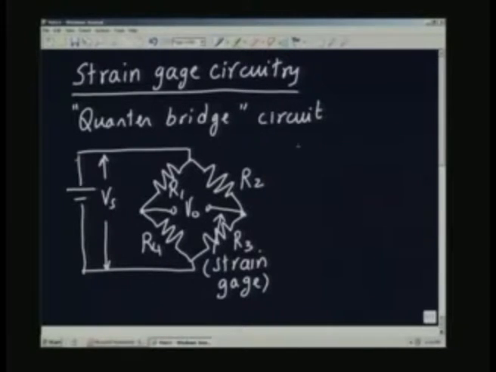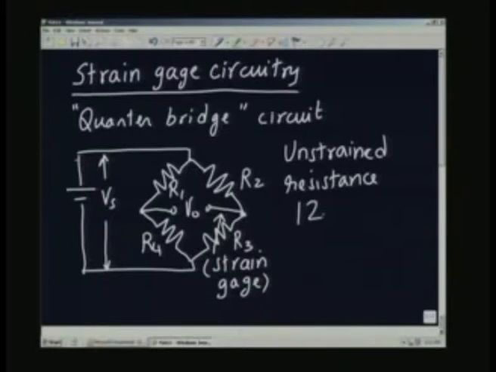Normally, the resistance of a strain gauge in the unstrained condition, that means without any strain being impressed, unstrained resistance, or we can call it the base value, is either 120 ohms standard or 350 ohms, and we were actually talking about one of them, the 120 ohm case.